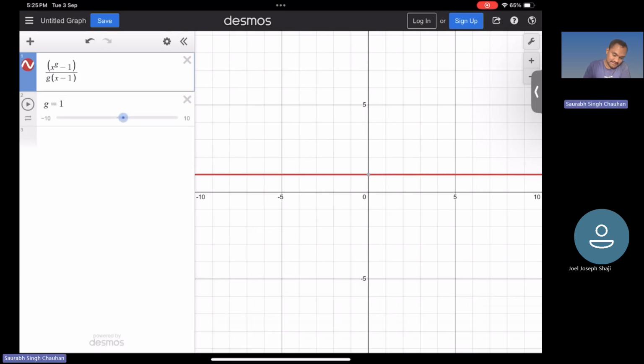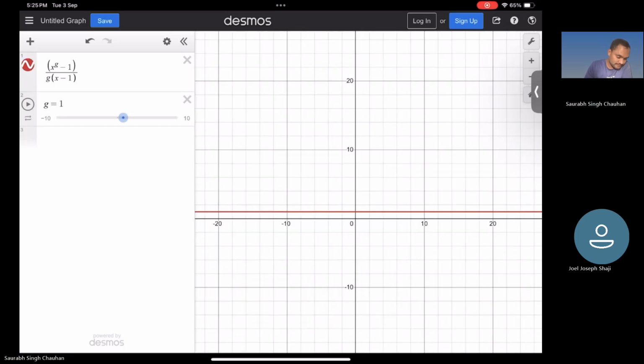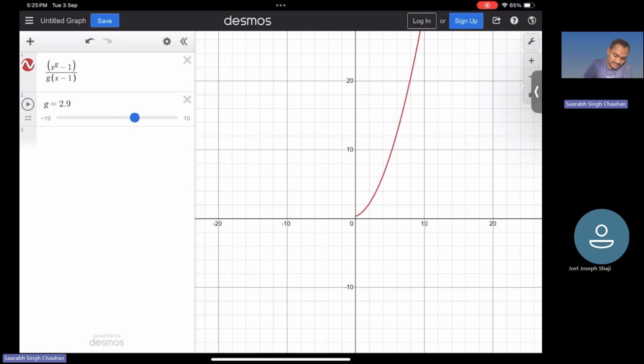Now we can add the slider for gamma, and we know that G is always greater than 1, so we will just vary this thing. Now you can see.